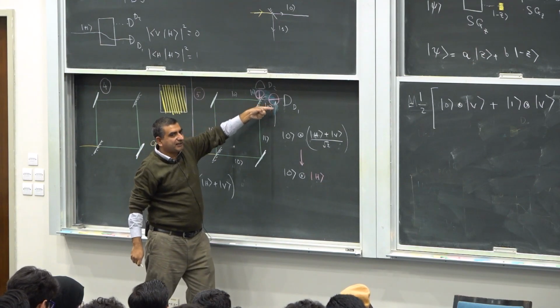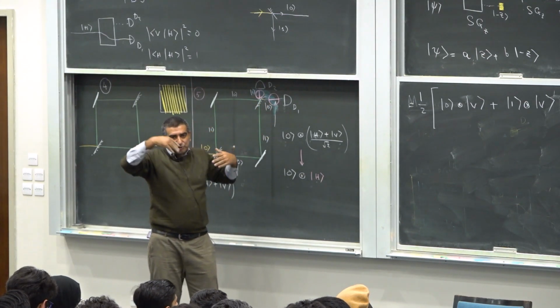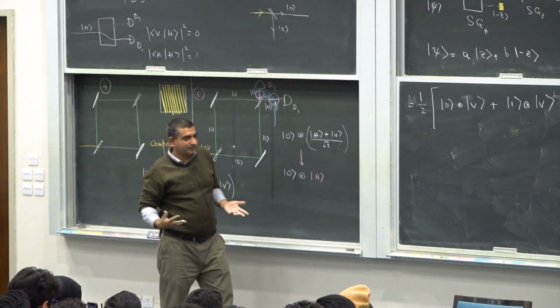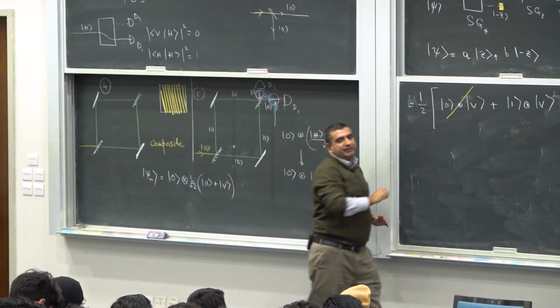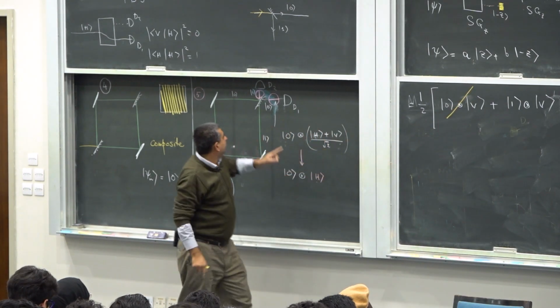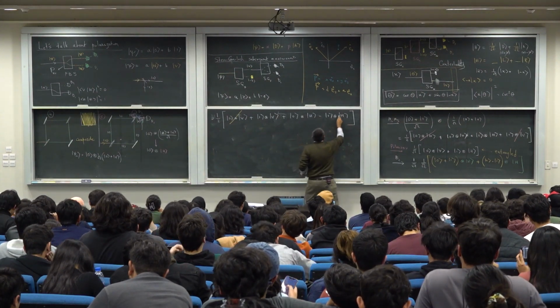So in the output channel ket 0, the photon, if it were to exist, would see a horizontal polarizer. So ket 0 cannot be tied up with ket V. This is blocked. Ket 1 with H is going to be blocked.